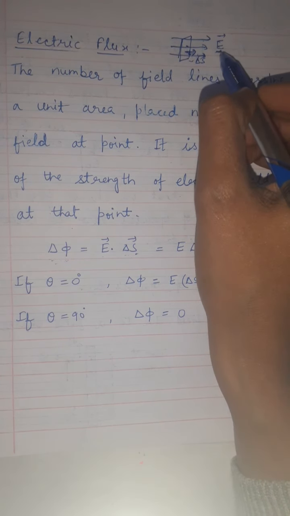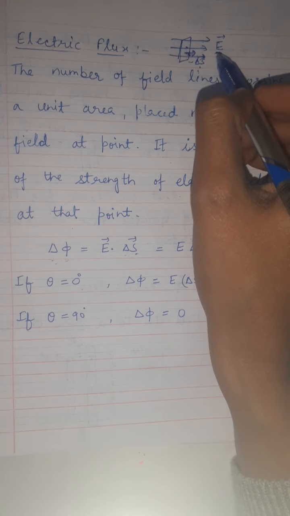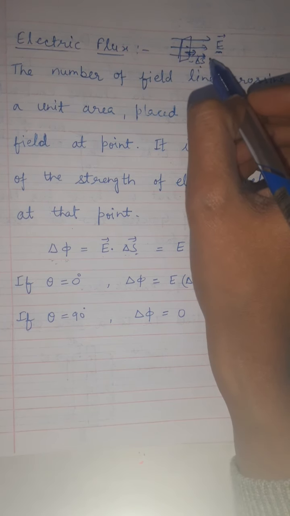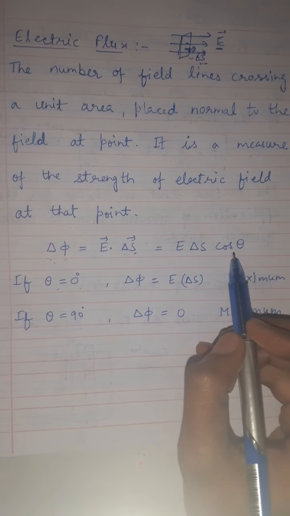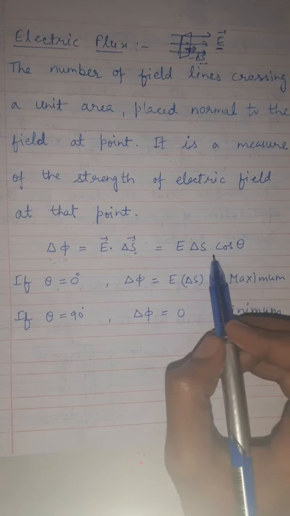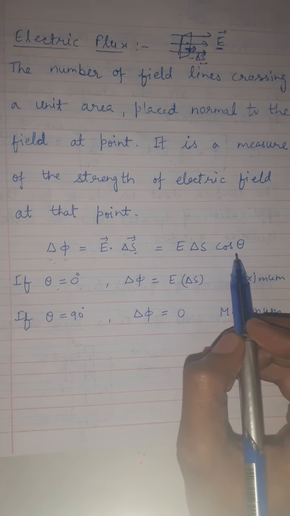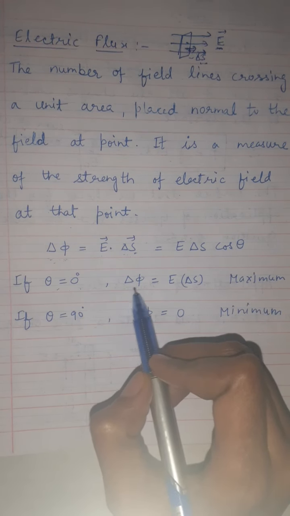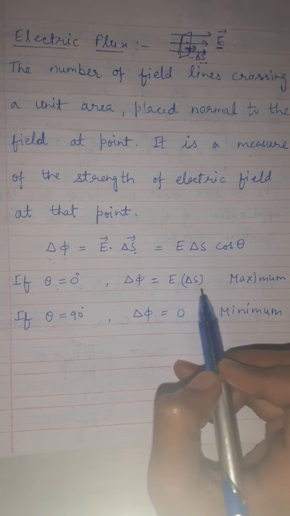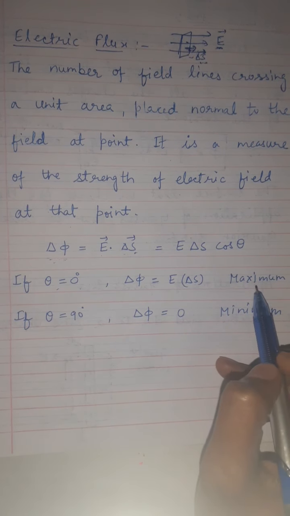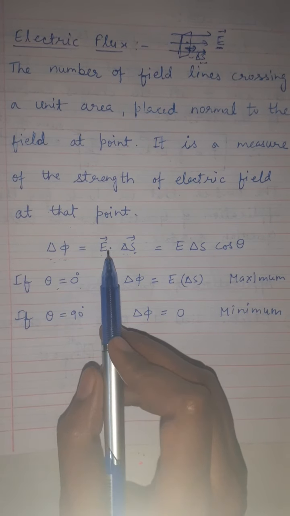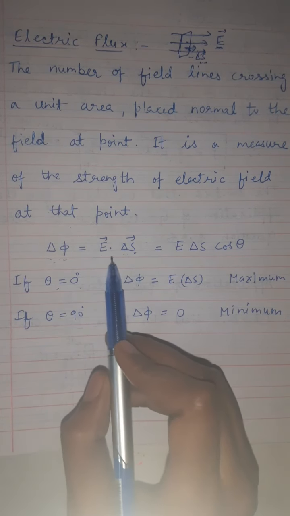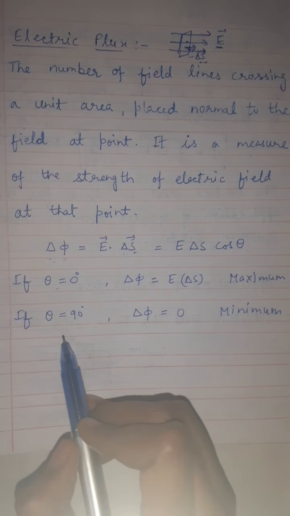So in this case, E and delta S both are in the same direction, or the angle between these two is 0 degree. It means that if we take theta equal to 0 degree, then cos 0 will be 1 and we will get the flux maximum, E delta S. This is the maximum value of flux, when the electric field and the surface area are both parallel.